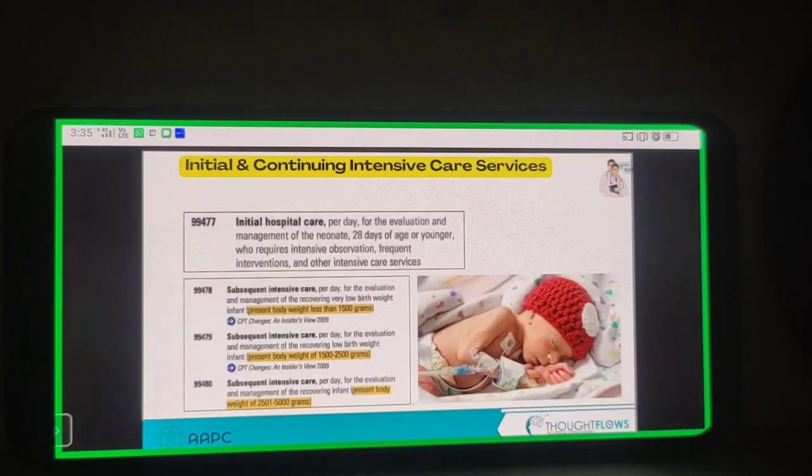According to the weight of the baby, you have to select the appropriate code here. So these are the code sections for intensive care units.